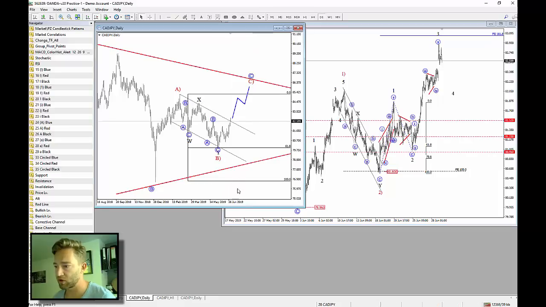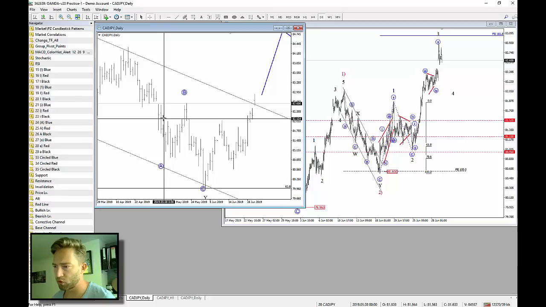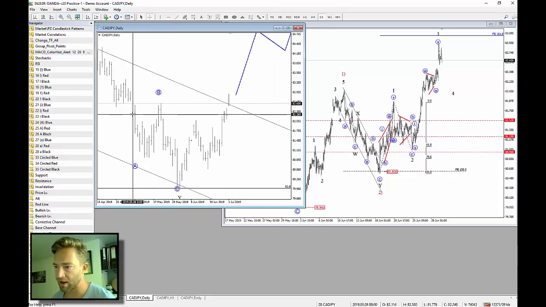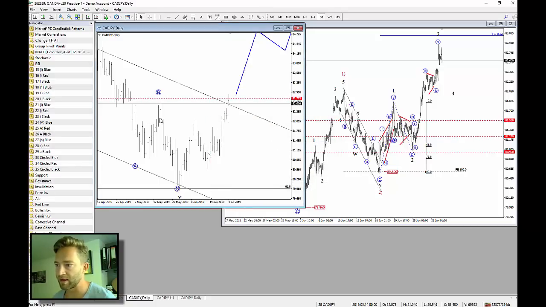Also, what I have to keep an eye on is this gap from May 4th, I think. You can see this gap here at the start of May, and this gap has been filled today and not here on May 22nd. So again, this appears to be very important.